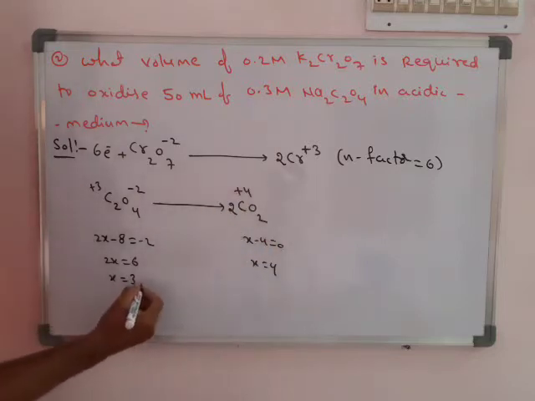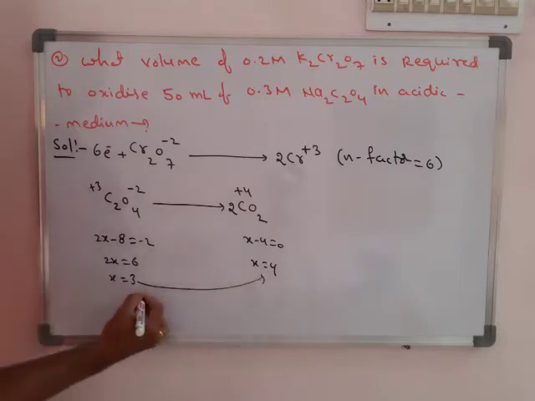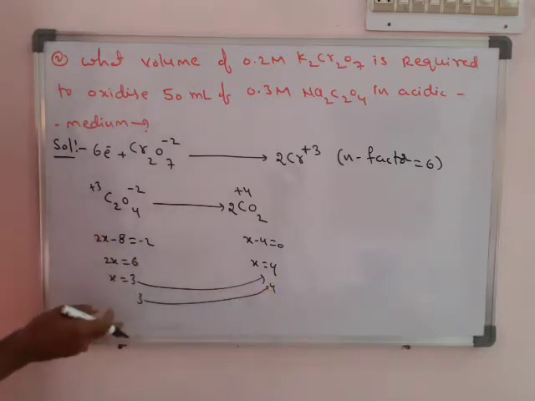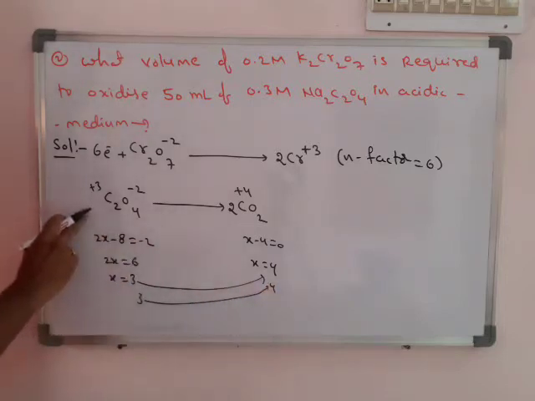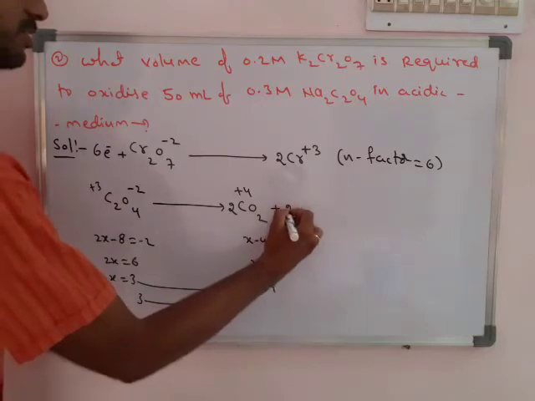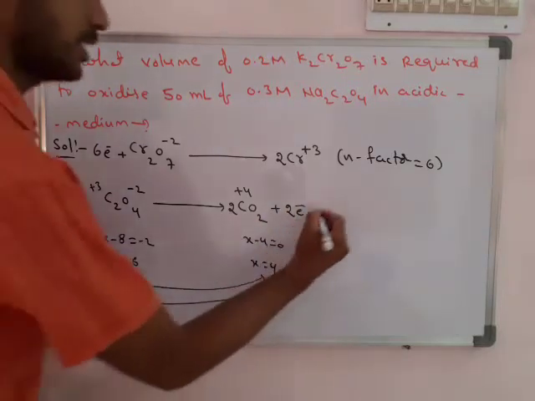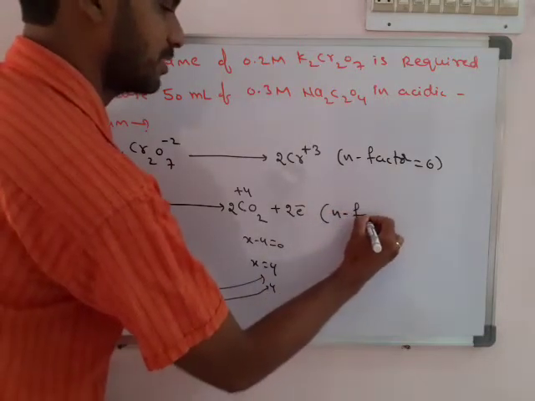These two carbons change: one from 3 to 4, the second carbon also from 3 to 4. So totally 2 electrons are lost. Therefore the n factor is 2.